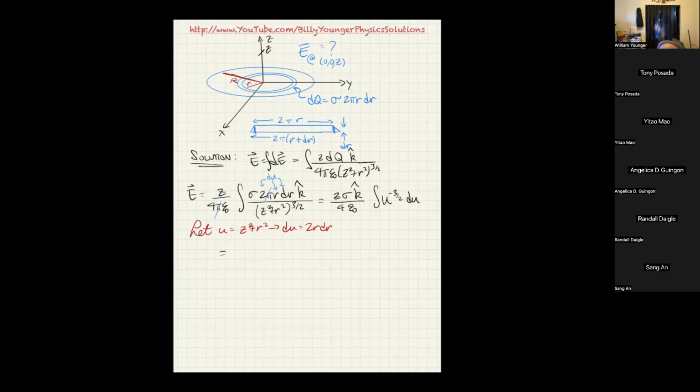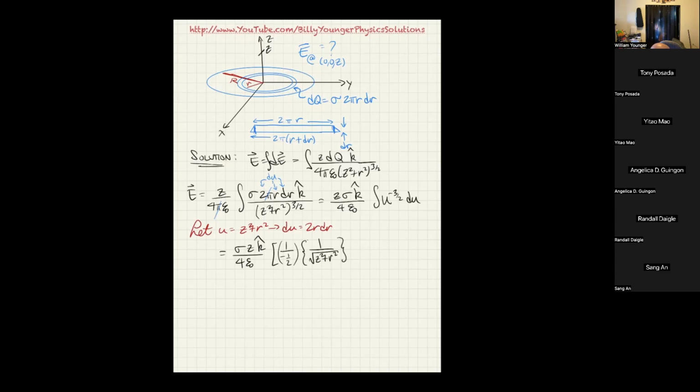This is going to be equal to, of course, sigma z k hat over 4 epsilon naught times, in this case, 1 over negative 1/2 times, in this case, I will put a curly bracket, and it's going to be 1 over the square root of z squared plus r squared.